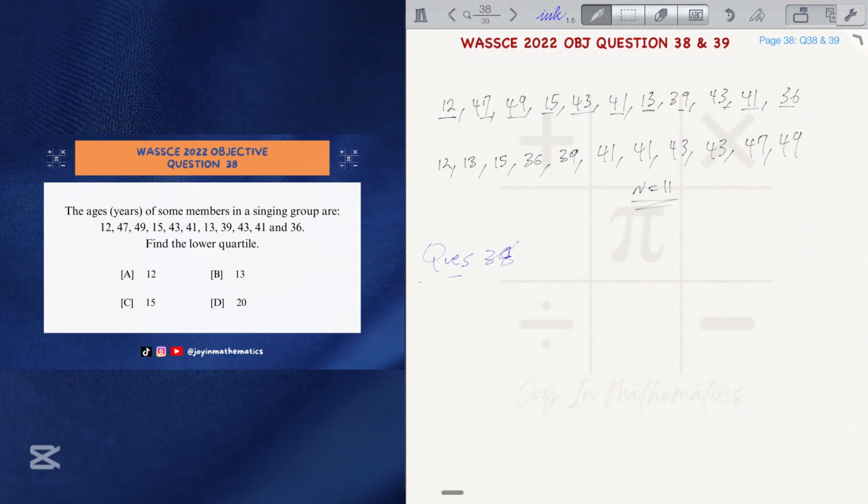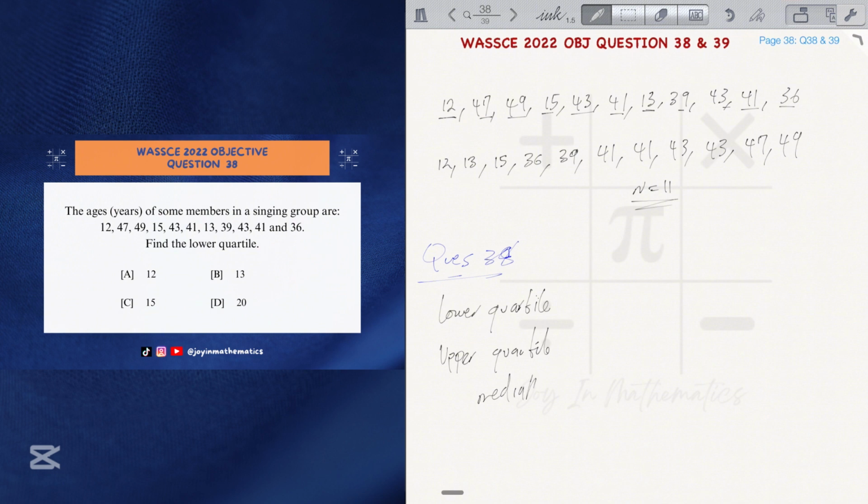The question says we should find the lower quartile. Now when it comes to lower quartile, upper quartile, or even median, we'll have the answer as the position among the data sets.